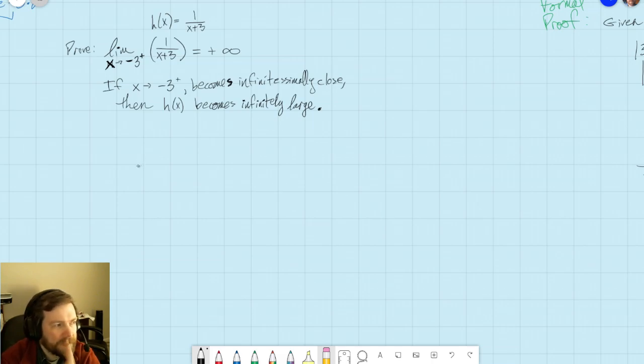Okay. So if x minus -3 is less than delta, so we're still doing the same delta epsilon stuff. This is going to imply, however, that if we have a value that's infinitesimally close to -3, what we're going to do... Oh, no!